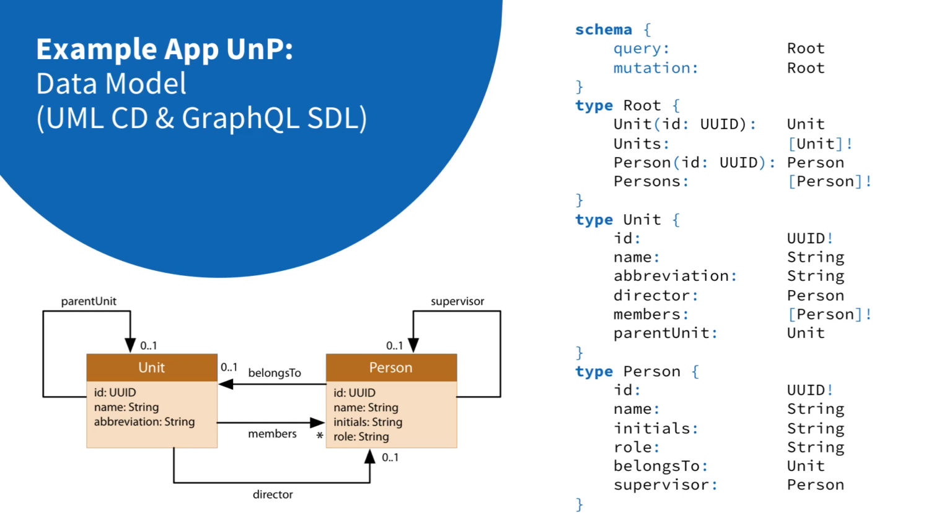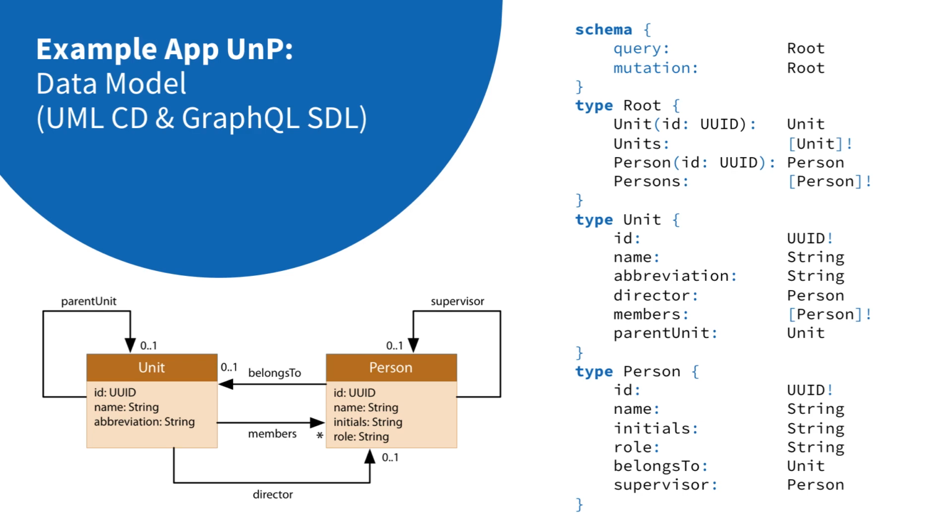This UML class diagram on the left has a direct corresponding GraphQL schema definition language. Here on the right, you see it is directly a mapping of the UML class diagram. The only additional information is that a top-level schema is defined for query and mutation.